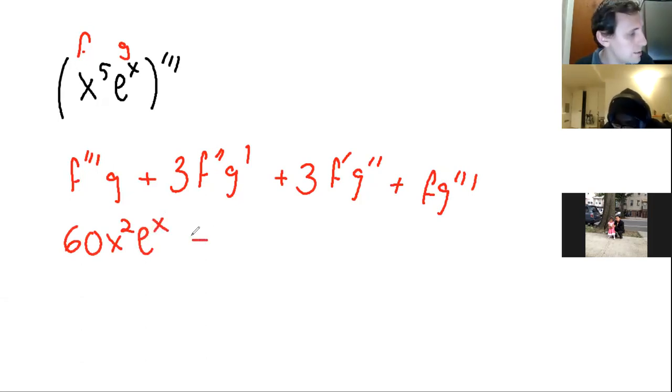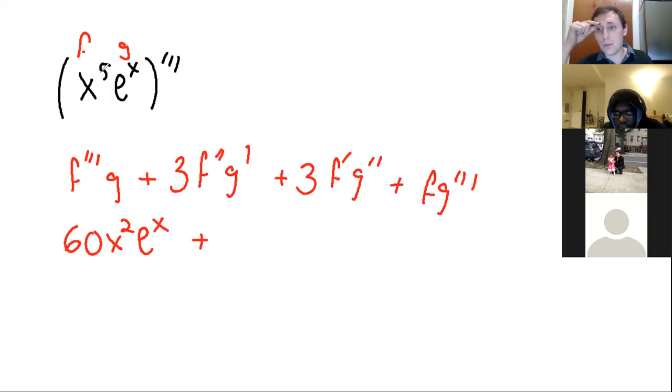plus what is it if I take 2 derivatives of this function? So I have 5 and 4 dropping, right? 5 and 4. You are with me, guys? It means I have 20. 20 times 3 is 60. So that is 60 x cubed. Derivative of g is just e to the x. It doesn't change.